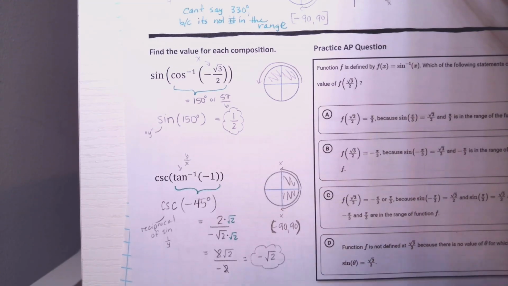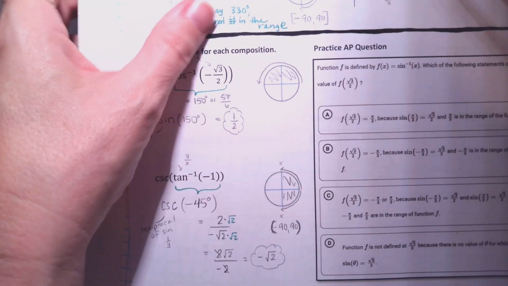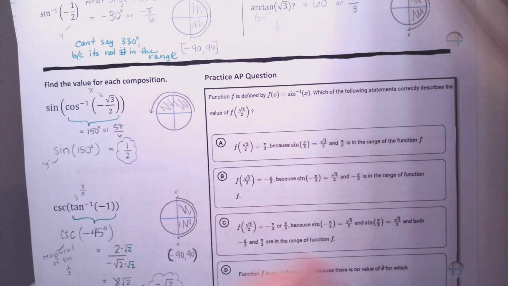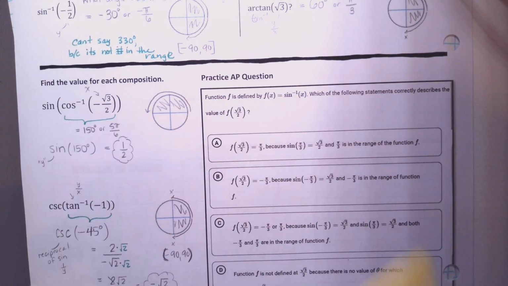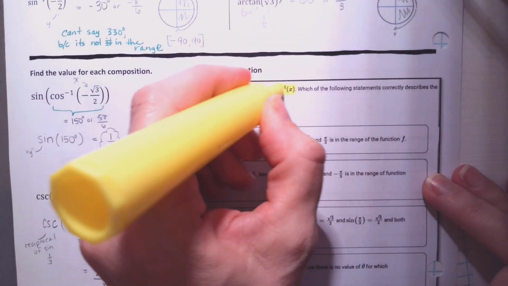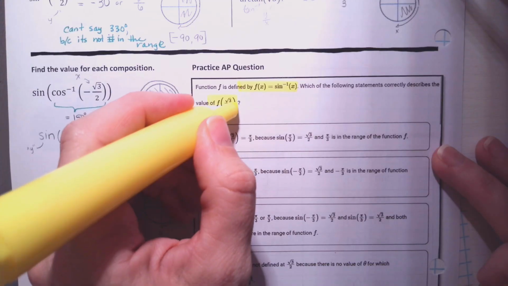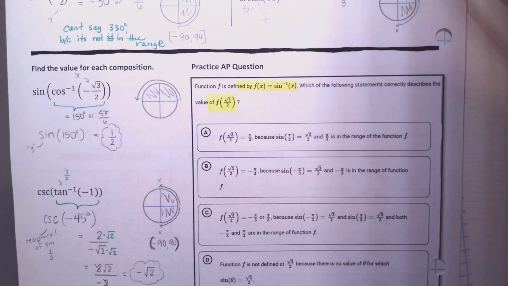And then looking at our practice AP question, it says function f is defined by f of x equals the inverse sine of x. Which of the following statements correctly describes the value of f of square root of 3 over 2? Okay. So since this is an inverse sine function, remember where we're only allowed to look.